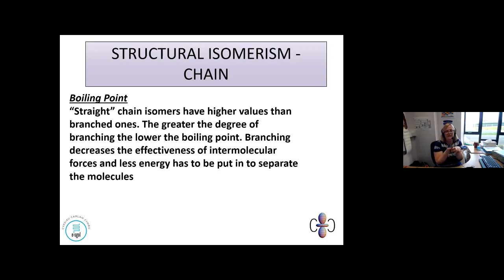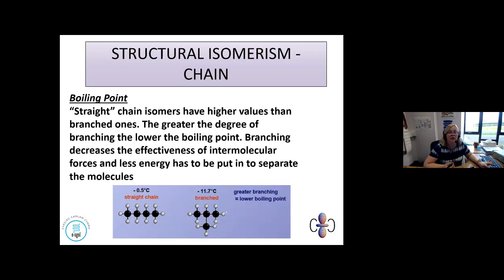So we call the intermolecular, it's like an international rugby match, I tell my pupils. Never football, it's always rugby. So branching stops them cutting together or getting as close to each other as possible, which means the intermolecular forces are then weakened. And the weaker the intermolecular forces, the lower the boiling points become.